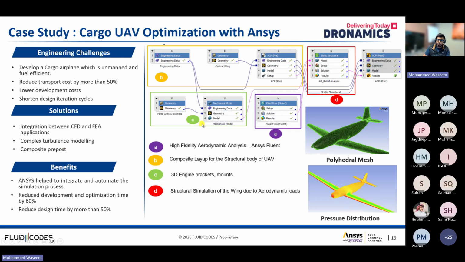So the idea is simple. You start with a high fidelity aerodynamics simulation, which is ANSYS Fluent. Then you define composite layup for the UAV structure. And then you also include those 3D engine brackets, components, or any kind of metallic inserts that you have in the UAV. And then finally, use the pressure distribution to run the wing simulation inside the static structure under the aerodynamic loads.